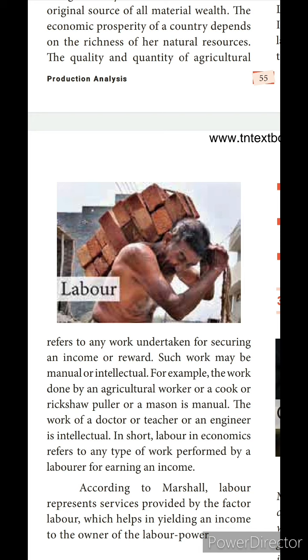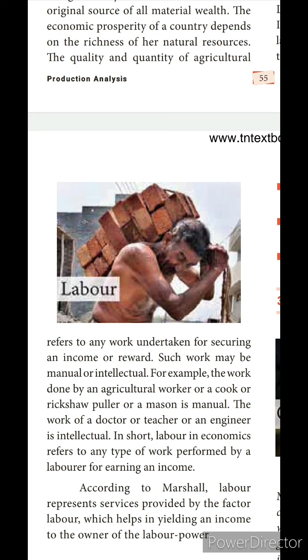Such work may be manual or intellectual. That only I said, skilled or unskilled, isn't it? That only they are saying also manual or intellectual. The work done by an agriculture worker or a cook or rickshaw puller, this all comes under manual work. But the work done by the doctor comes under intellectual work.